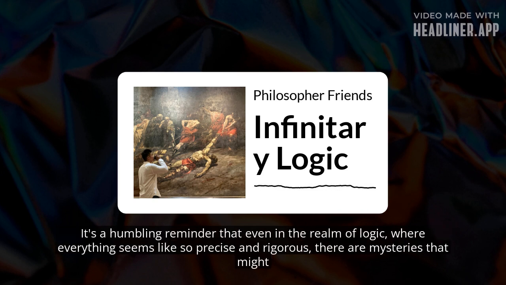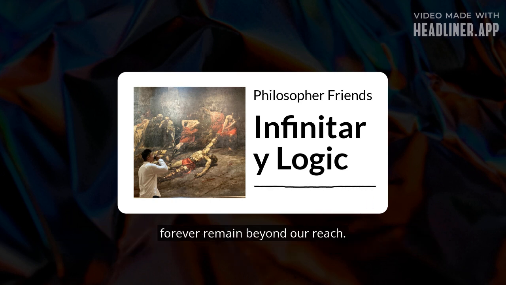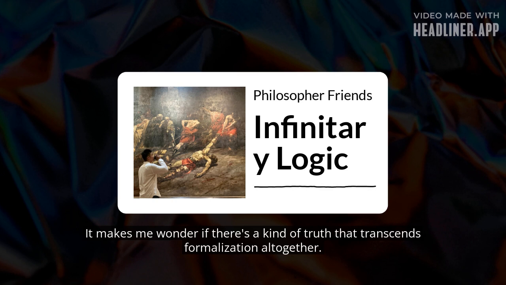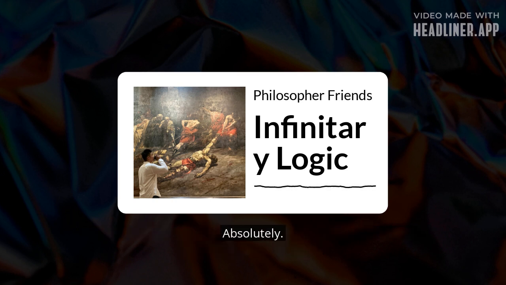It's a humbling reminder that even in the realm of logic, where everything seems so precise and rigorous, there are mysteries that might forever remain beyond our reach. Yeah. It makes me wonder if there's a kind of truth that transcends formalization altogether. Absolutely.